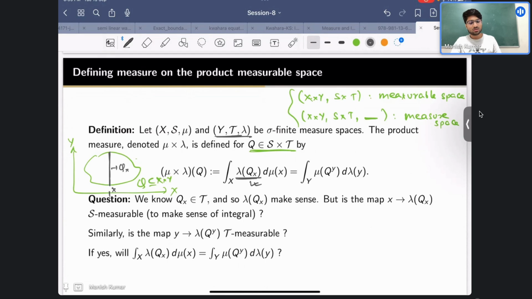I said that Q_x, which is a subset of Y, is T measurable, so Q_x belongs to T. The moment it belongs to T, lambda of Q_x is meaningful, since this lambda is defined on T, the measure space.